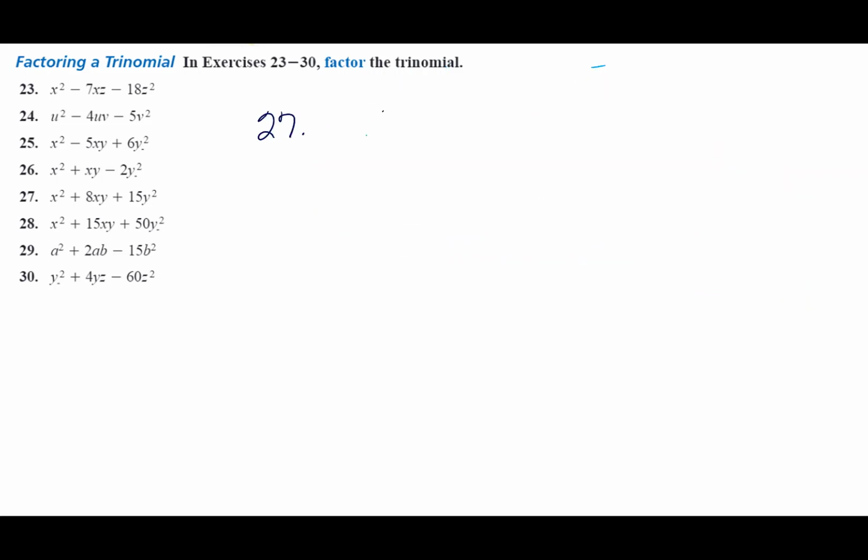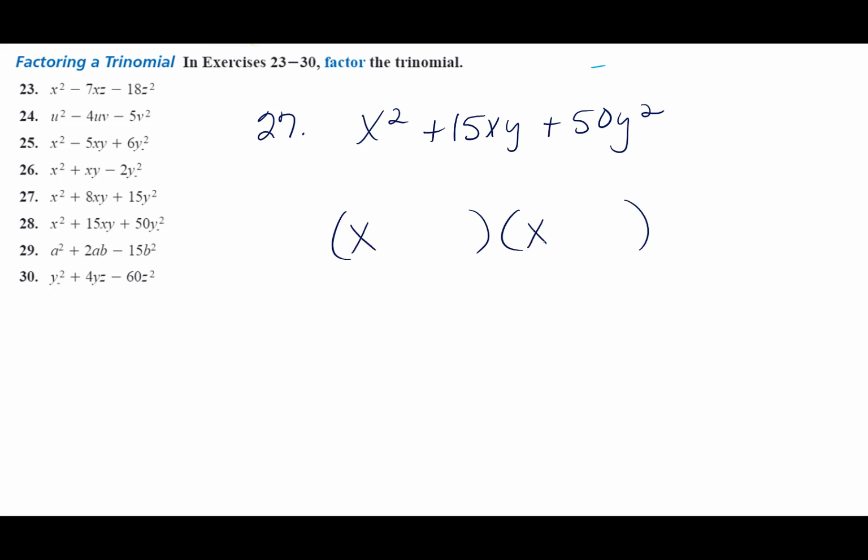Take a look at 27, x squared plus 15xy plus 50y squared. Start off by drawing two parentheses. In the first position of each parenthesis, put an x. In the second position of each parenthesis, put a y. Now we're going to come up with the two factors that multiply to 50 and add to 15. Always start with the factors of your multiplication number.